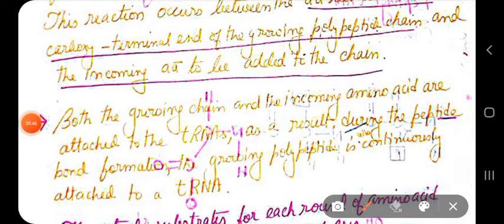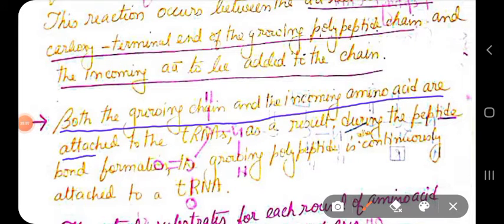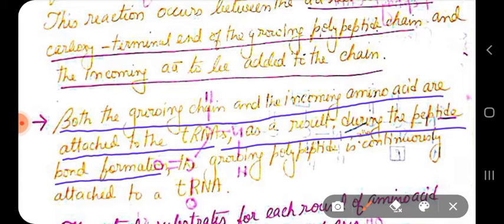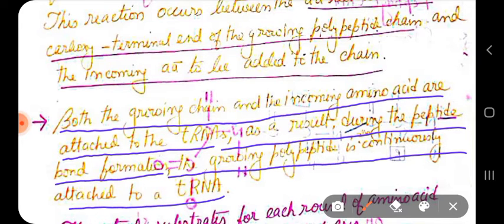Both the growing chain and the incoming amino acids are attached to tRNA. As a result, during peptide bond formation, the growing polypeptide is continuously attached to a tRNA. So both the growing polypeptide chain and the incoming amino acid are attached with the tRNA.